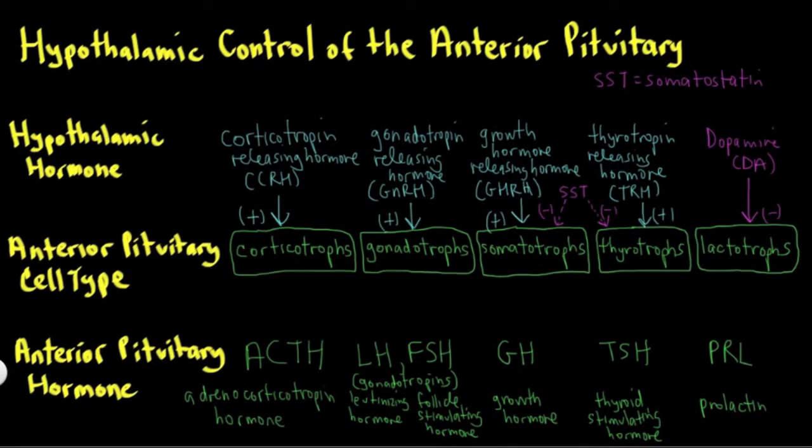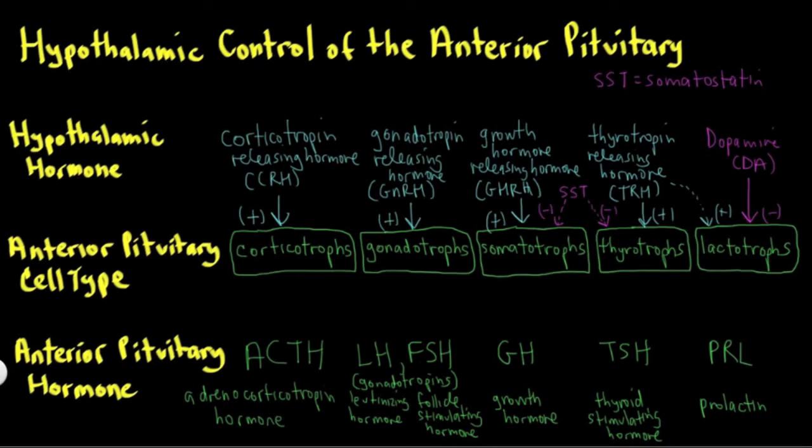Let me just also point out that TRH can have a mild stimulation of the lactotrophs, and this can be important in certain circumstances where TRH is very high. But just like somatostatin, it's not a major regulator of lactotrophs.